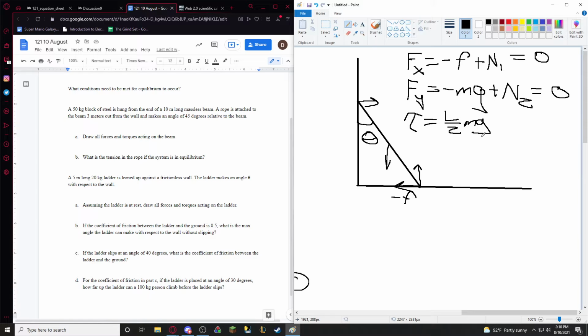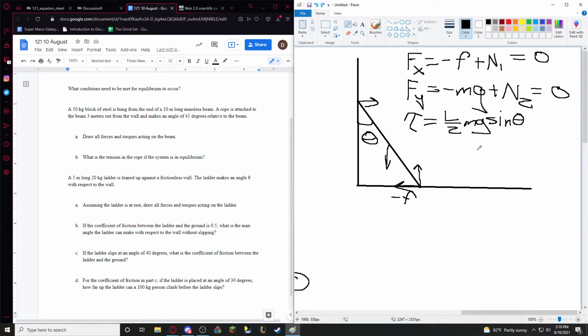In this case, this is going to be L over 2 mg times the sine of theta, where theta is the angle between our r vector, which goes out along here, and our force vector, which, as you can see, is the same theta that we have up here.